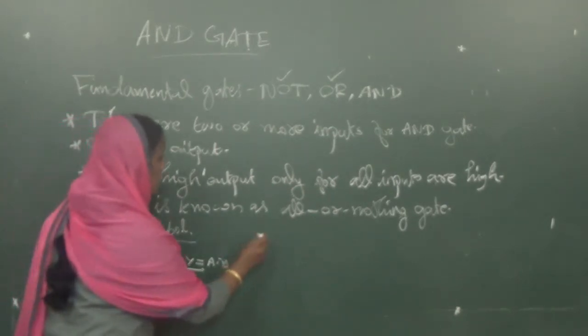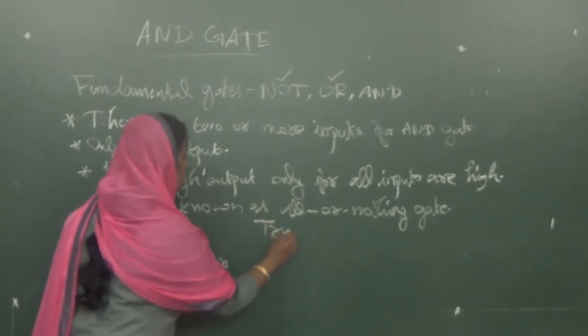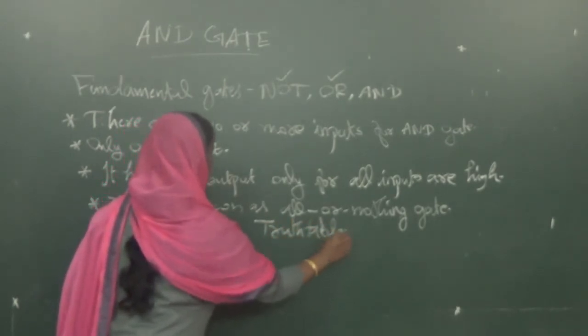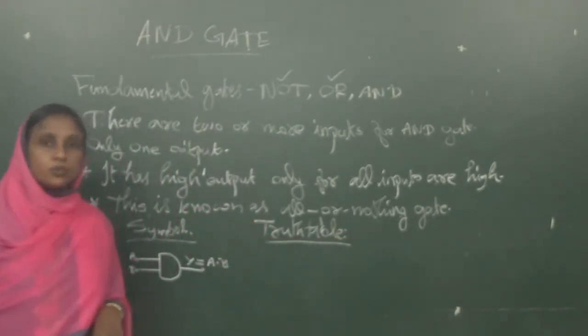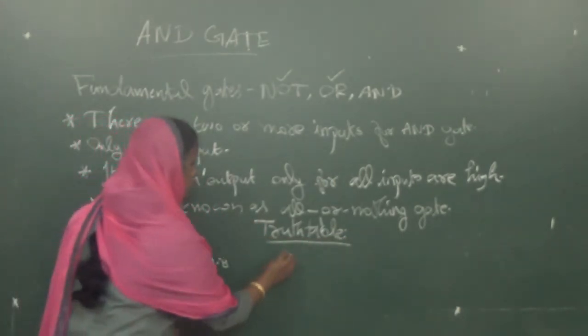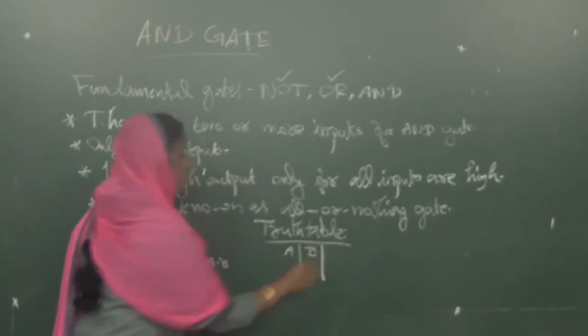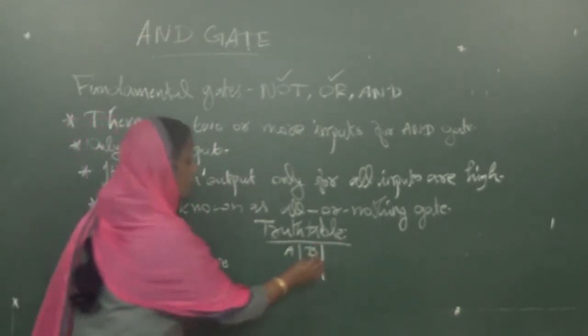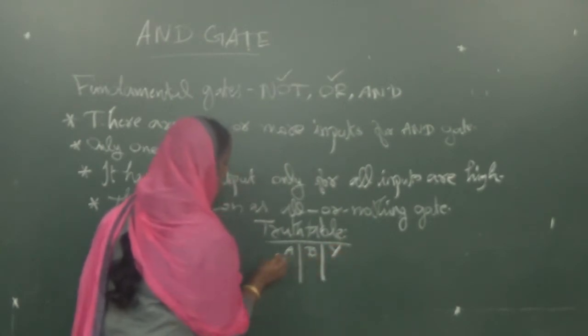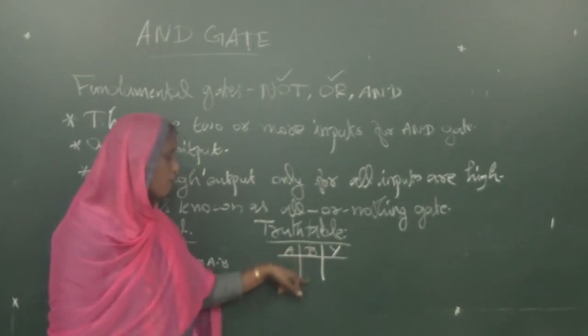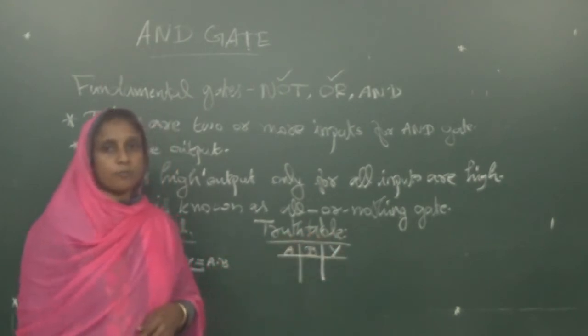Now we can write its truth table. There are two inputs A and B, and only one output. Output is represented by Y. There are three columns, two for inputs and one for output.